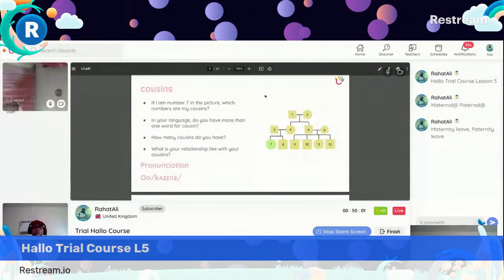No, we just have one word. So what is that in Malaysian language? Sepupu. Okay. But in Bengali language, we have more than one word. So from that word, we can understand this is the cousin from my father's side. This is the cousin from my mother's side. So you can differentiate paternal or maternal.